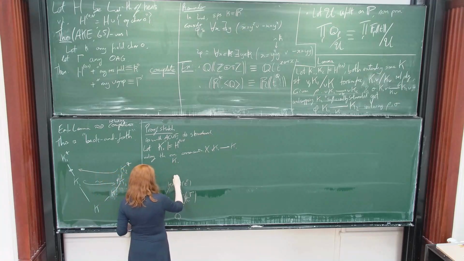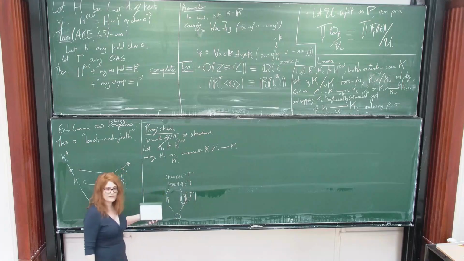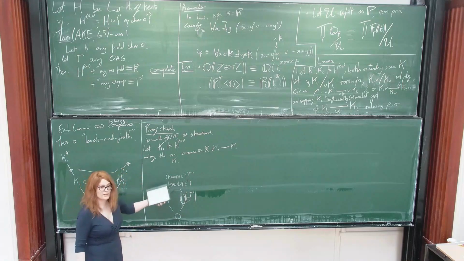Now I need to tell you what goes on in the relative algebraic closure. So let's say I want to look at the relative algebraic closure of this tensor product inside K1.